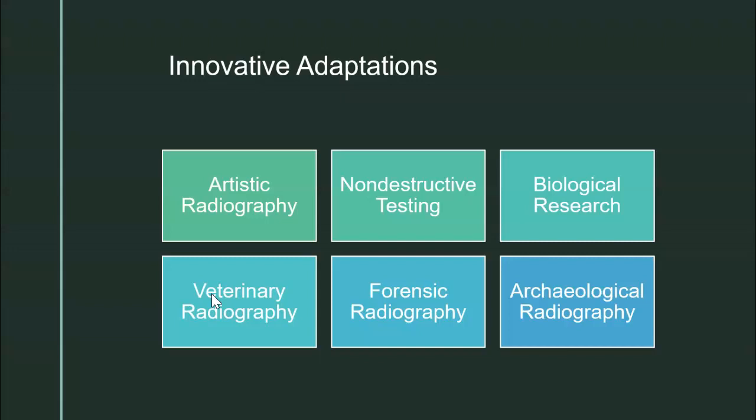It's interesting. Non-destructive testing. This is something that we do usually in industry. We look at like the integrity of metal for airplanes. We look at welding seals, that kind of stuff. Kind of interesting. Biological research, of course. Veterinary, of course. Forensic is a really cool area if you're interested and fascinated by forensic radiology or forensic sciences.